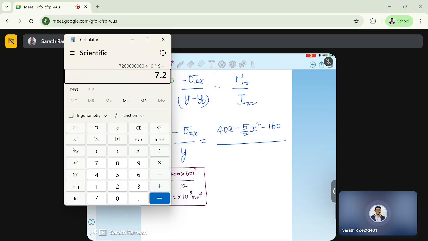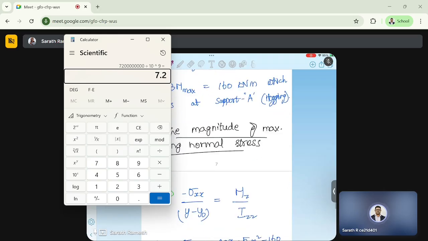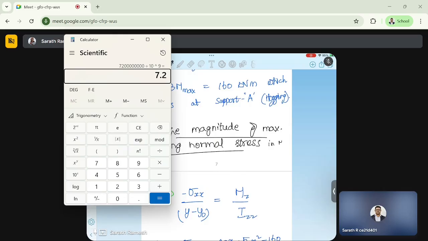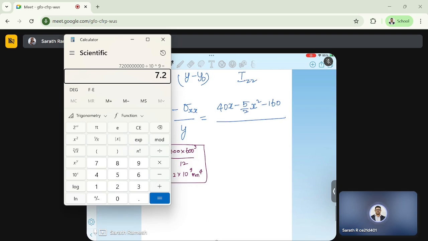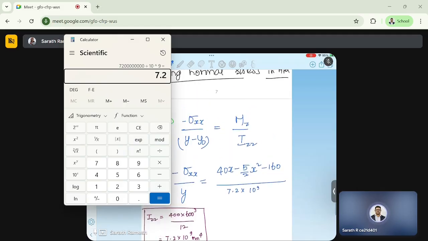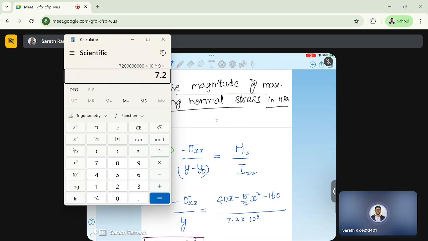By the way, we are asked to find stress in megapascal, so it's better to convert everything in terms of Newton and mm so that it is easy. Substitute it back. We want the maximum value of the bending normal stress, so it depends on where my bending moment is maximum.